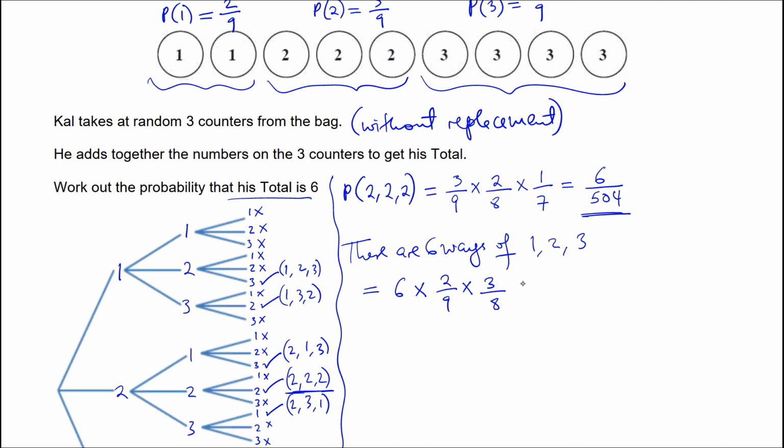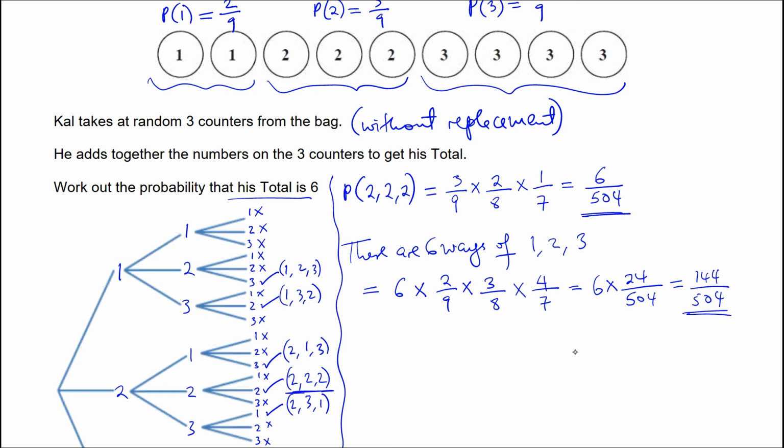And then the probability of 3 will be 4 over the total, which is 7, because the number has reduced by 2. Now, if you multiply this out, that is the same as 6 multiplied by 24 over 504, which gives you 144 over 504.